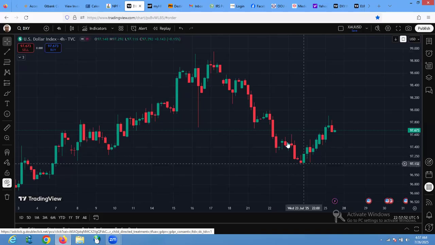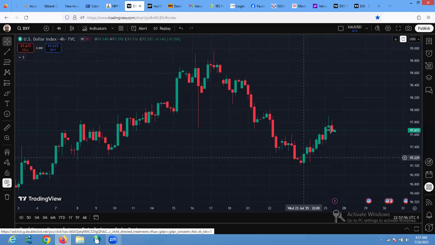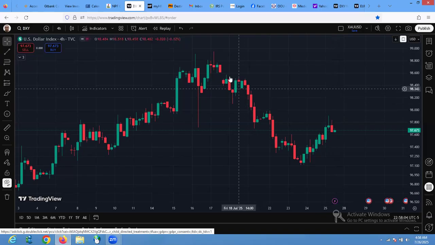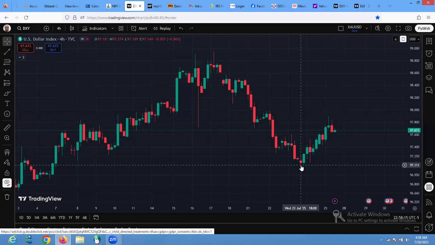Now, it appears as if we may have finished this move to the downside and we are having a much bigger correction. Are we at the end of that correction? It's another thing entirely. So what we can do is that if this is wave 1 and this is wave 2, now the extension here fits in at about 1.618, exactly 1.618.